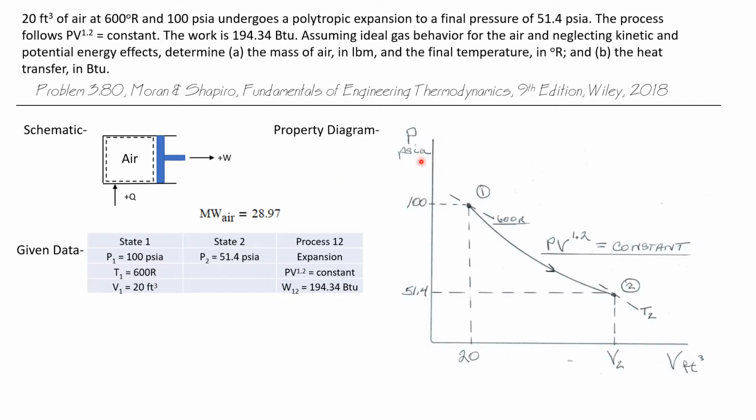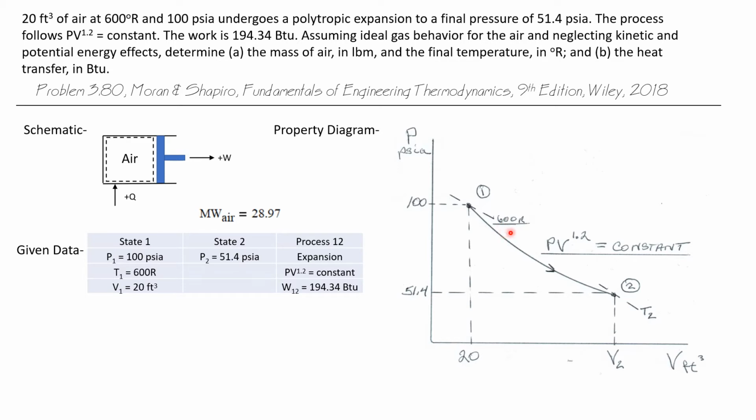Let's draw this process on a PV diagram. So we're out here at the gaseous phase. There's no vapor dome anywhere near this PV diagram. So state 1 is at 100 psi and has a volume of 20 cubic feet. The constant temperature lines go down to the right on a PV diagram.